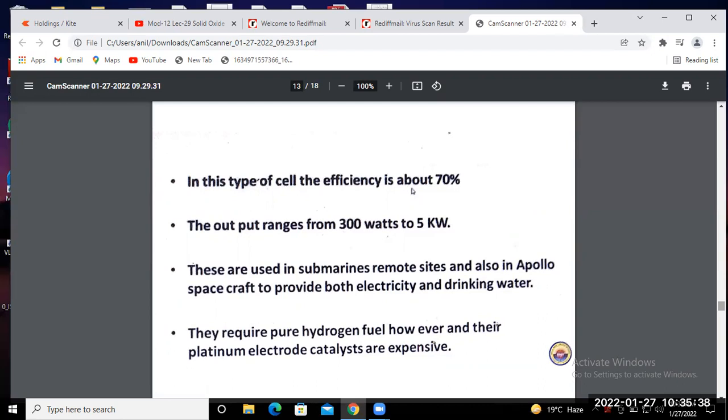Also in the Apollo spacecraft, to provide both electricity and drinking water, where we can generate the water. So this is the application of the alkaline fuel cell, in submarines and space aircraft. However, they require pure hydrogen fuel, and their platinum electrode catalysts are expensive.